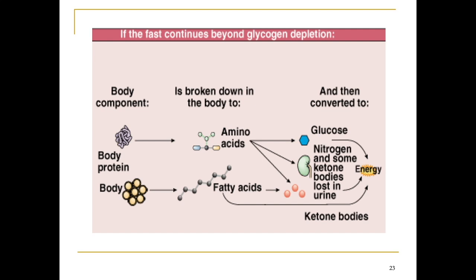And your body fat will also get broken down into fatty acids and then ketone bodies, which can be used for energy. But because you're fasting, you're not providing any glucose to the body, so things can't happen as efficiently. These fatty acids will break down into ketone bodies more readily because there is a lack of ATP being generated by glucose.